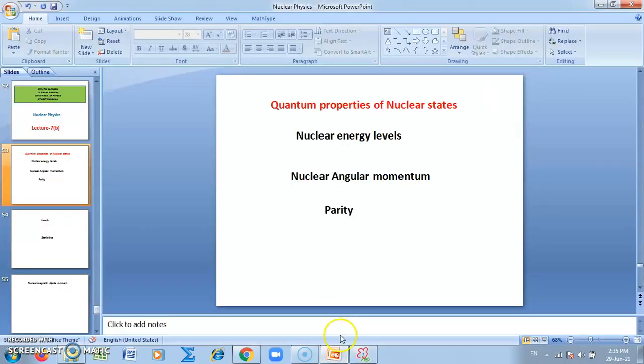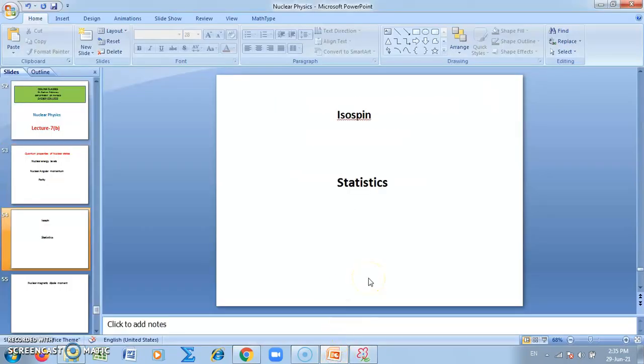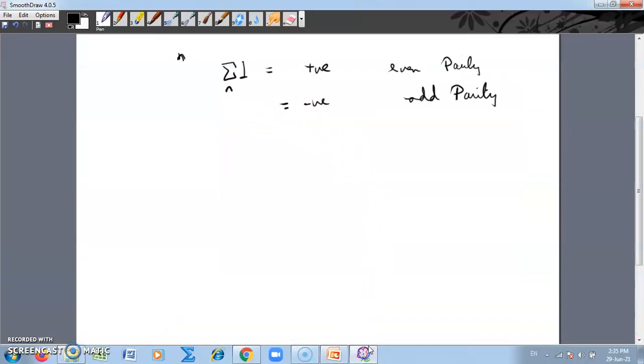Now after that we move on to isospin and then statistics. So what is isospin and statistics in case of a whole nucleus? Students, please keep in mind that in the last class we had done these properties for individual nucleons. Now we are looking at a nucleus as a whole.